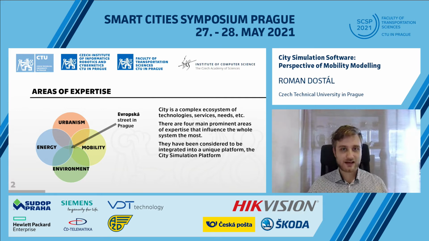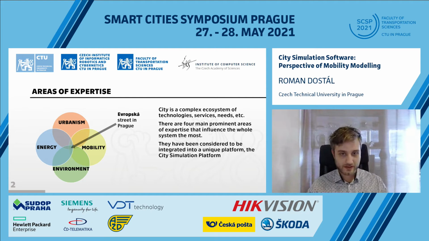The fundamental idea is based on the combination of the 4 most prominent areas of expertise in a city, which in this case, from our point of view, are energy, urbanism, environment, and mobility. And in the center, there is the area of focus that is chosen, and the area that is modeled and compared throughout different scenarios.